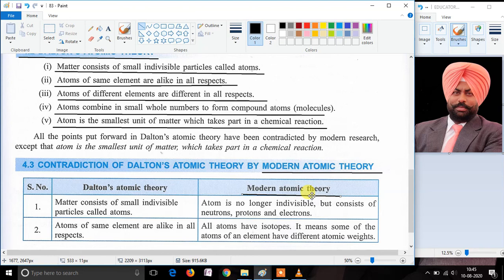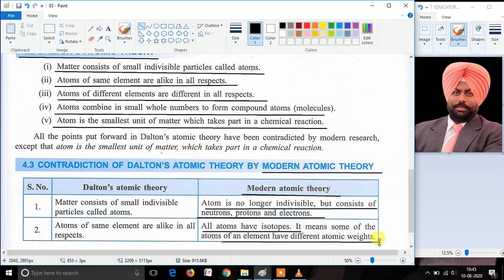The modern atomic theory says that now the atom is no longer indivisible, but it consists of neutrons, protons and electrons. The second point of modern atomic theory says that there are some elements which have atoms, but these atoms of the same element can also have different properties.